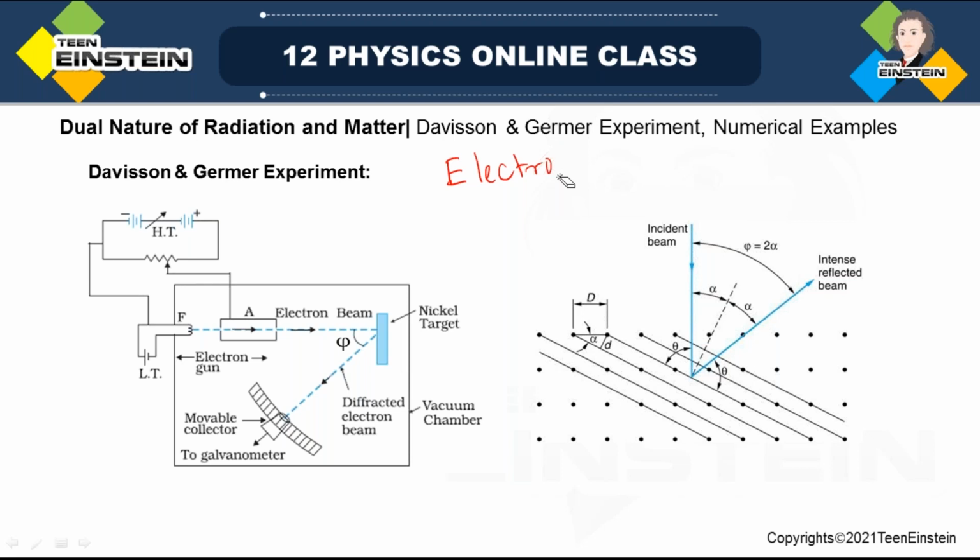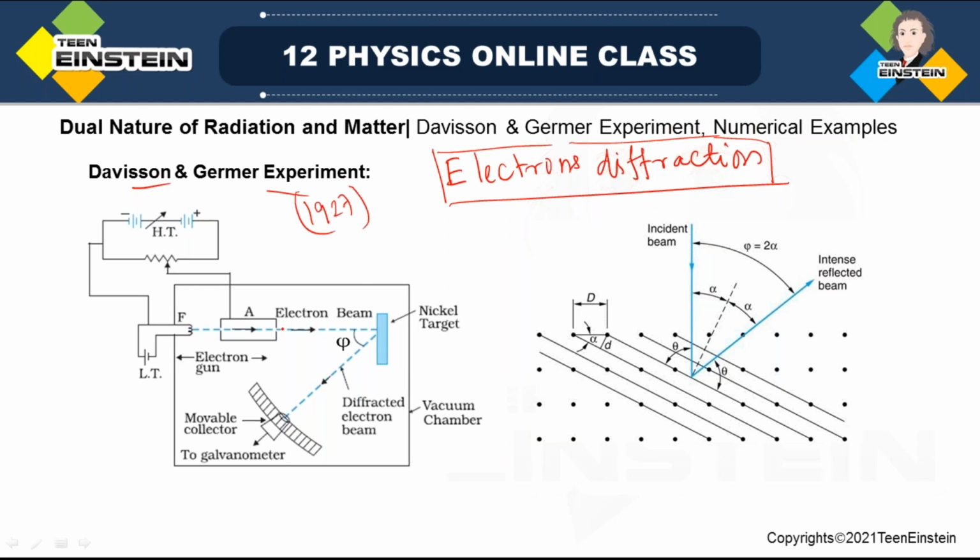You have seen the diffraction of light, where we could explain the diffraction property by wave nature. So if electrons can exhibit diffraction phenomena under some condition, then we can say that electron has wave nature. That's all. So Davison and Germer in 1927 designed an experiment where they could evidence electron diffraction. Now I'll explain the experimental arrangement of how they did this experiment.